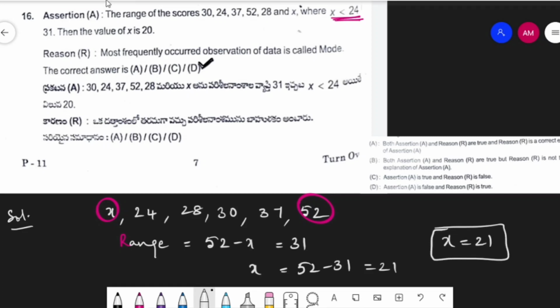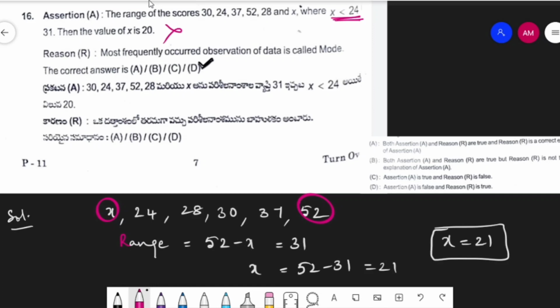But what they gave, the value of x is 20. So this assertion is not correct. If they give x is equal to 21, then it will be correct. Here they gave 20. So the assertion is wrong. Assertion is wrong means option D. Let us see the reason also. Most frequently occurred observation of data is called mode.